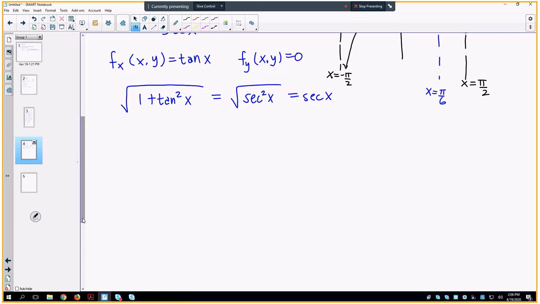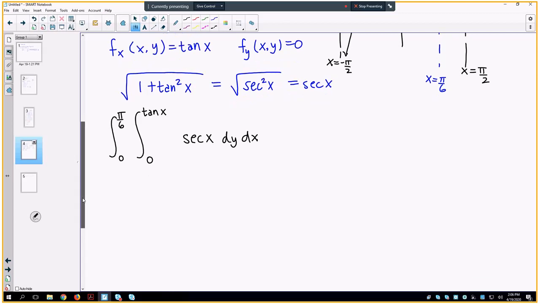I'm going to integrate from 0 to pi over 6 on the x-axis. My y's will be between 0 and tangent of x. And then the square root of 1 plus the partials squared is going to be just secant of x, then dy dx.